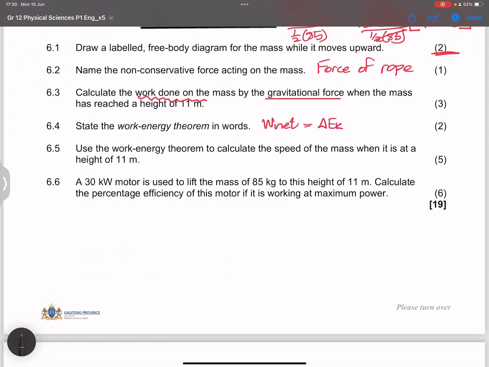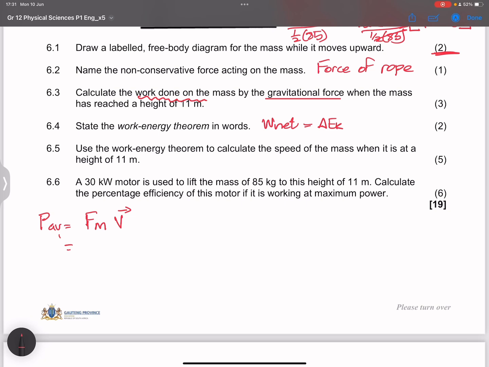So average power would be equal to the force, in this case the force of the motor, multiplied by the average velocity. So we need to find out what the force of the motor is.